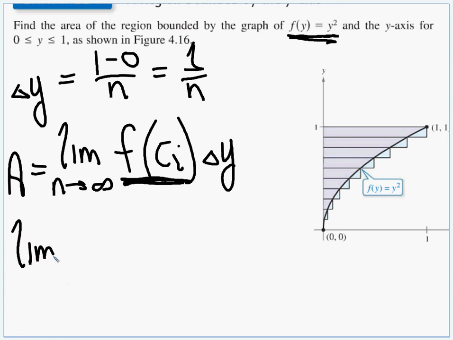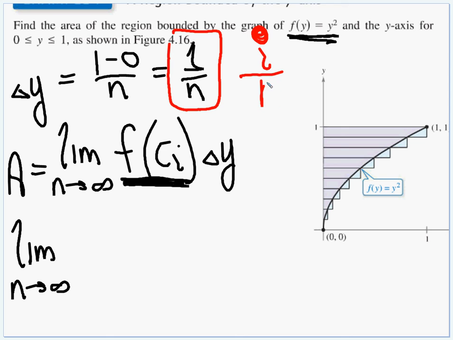So our area is going to be the limit as we let n go to infinity. I guess we got to find our right endpoints, or I guess in this case we could call them our upper endpoints. That is just going to be this delta y times i. So once again, it's going to be i over n.